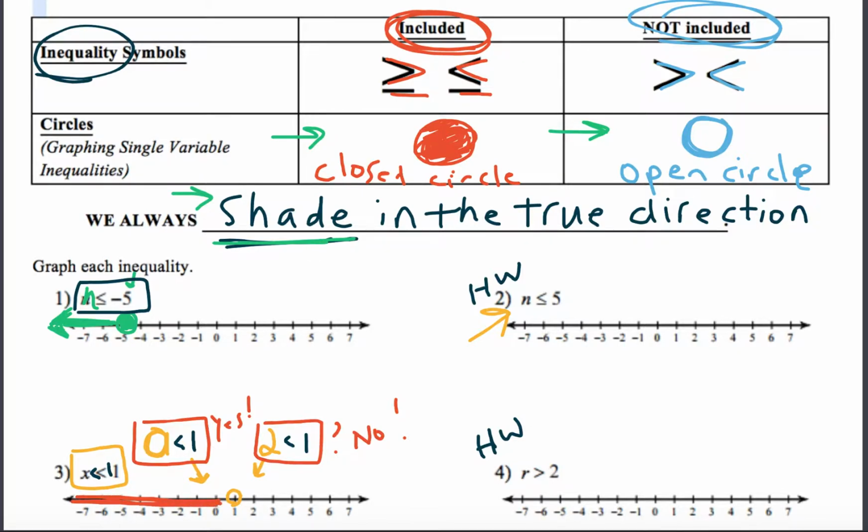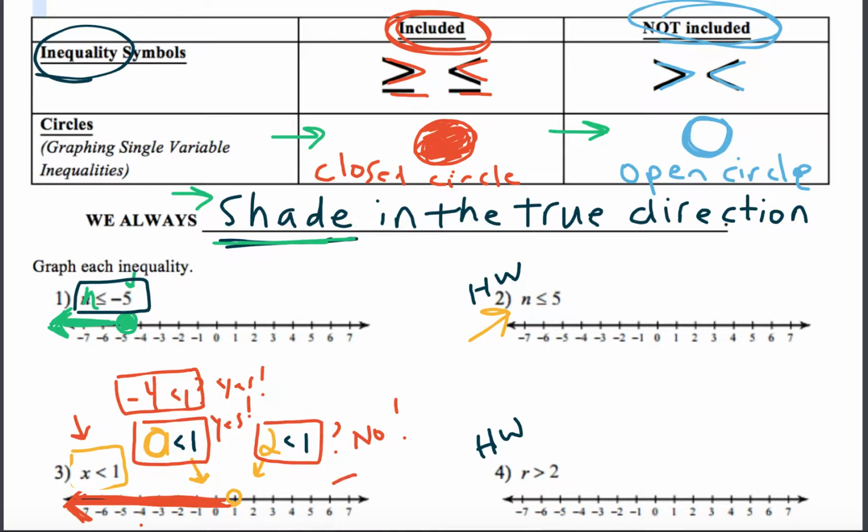You can check that this is the true direction by noticing that any of these numbers that we're shading over, let's take -4, for example. Is -4 less than 1? Yes. Any number that we choose on the left side, over here where we're shading, is going to make this inequality true. Math is a lot about looking for truth, so this is a really important idea.